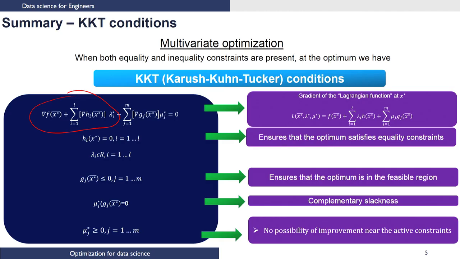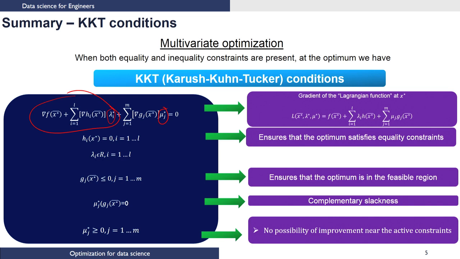In typical optimization books and literature, people use lambda as a scalar multiple for each of the equality constraints, so if there are m equality constraints, there will be m lambdas, and people use the nomenclature of mu for the inequality constraints. So, if you have L inequality constraints, there will be L mu's corresponding to them.